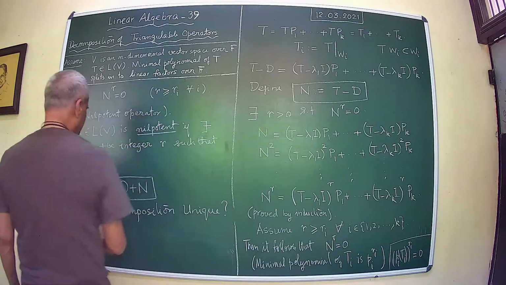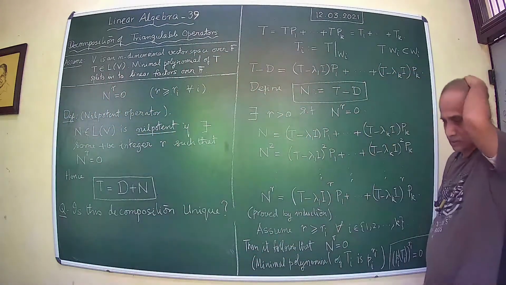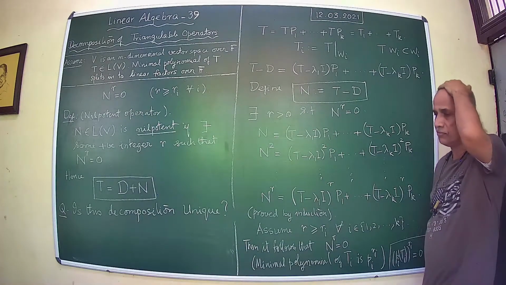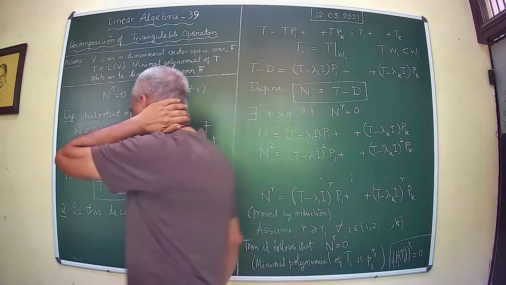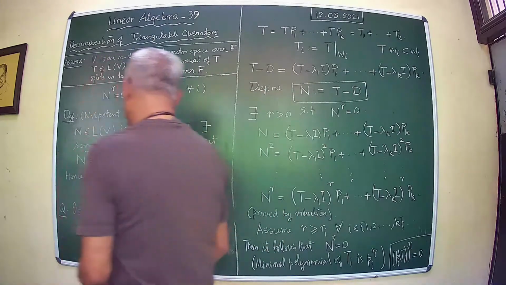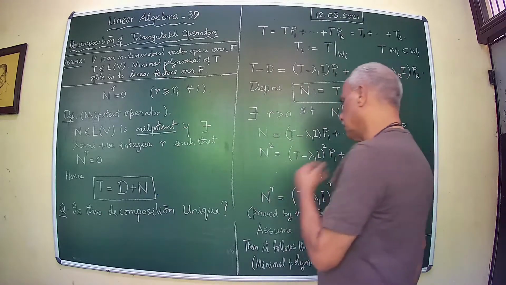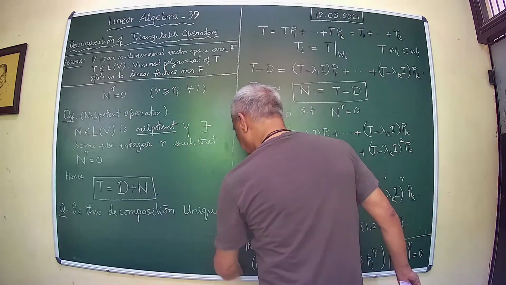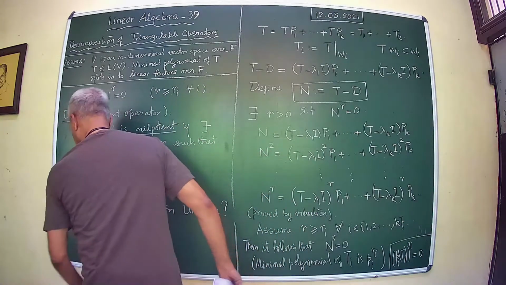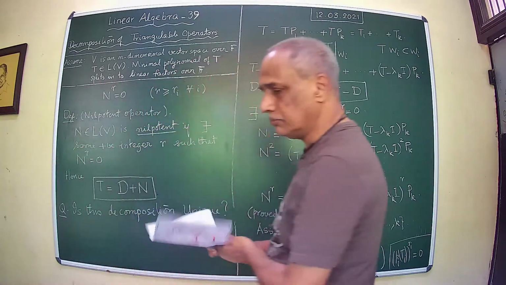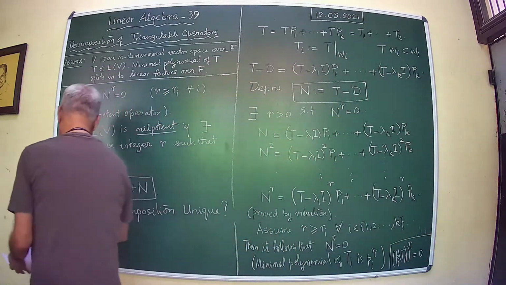We get a lot of insight into the structure of T. T is essentially the sum of a diagonal operator and a nilpotent one, that is important. So what we ask is this: is this decomposition a unique decomposition, or would we have more than one such decomposition possible for a given T? The following theorem tells you that this is essentially unique.